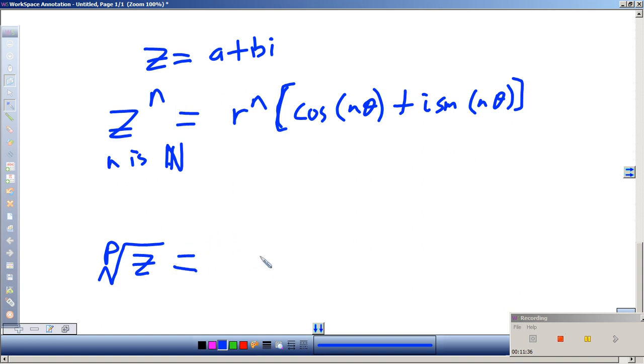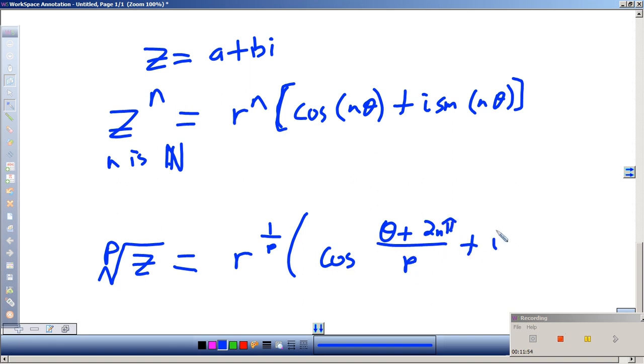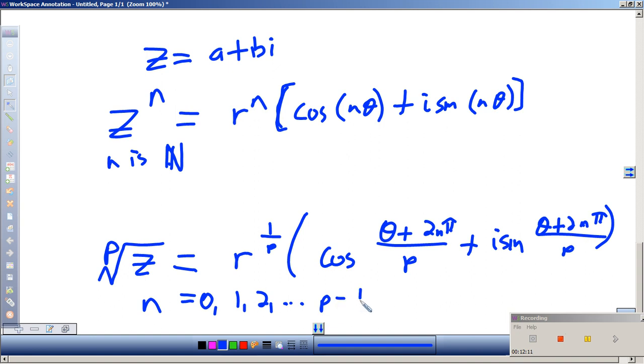It is equal to r raised to the 1 over p times cosine of theta plus 2n pi over p, plus i sine of theta plus 2n pi over p, where n is 0, 1, 2, counting up until you get p minus 1.